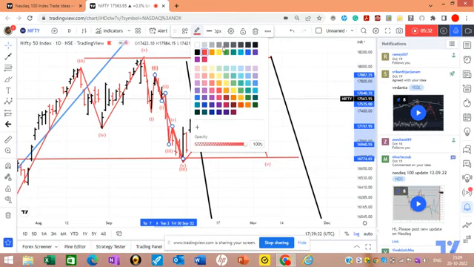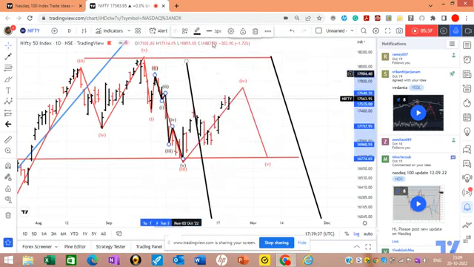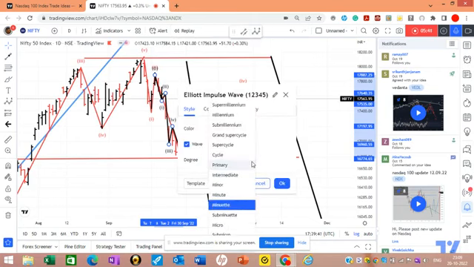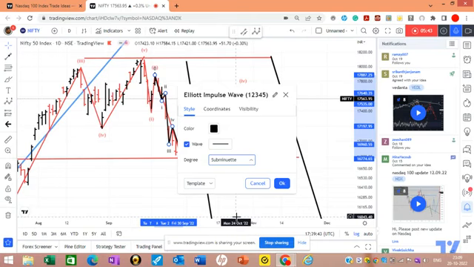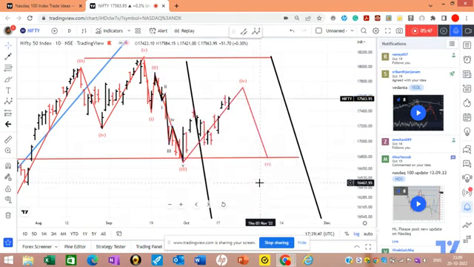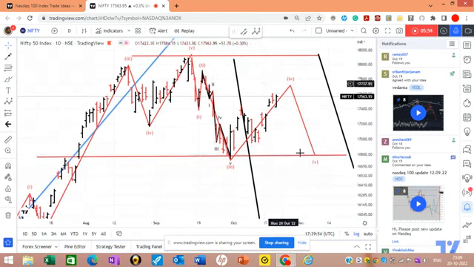I'll give it a different color, black. Okay. So 1, 2. I'm just right now concentrating on the immediate price action.